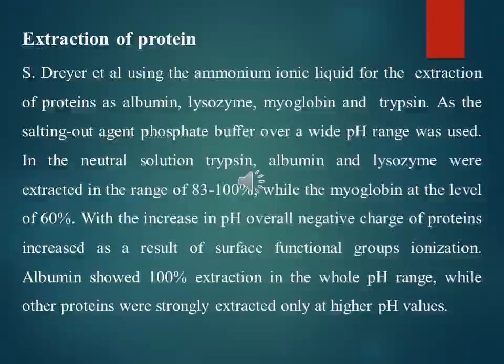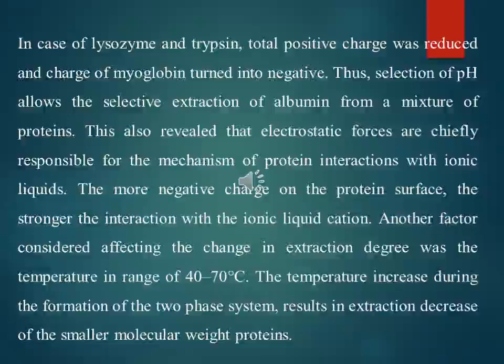With the increase in pH, the overall negative charge of proteins increased as a result of surface functional group ionization. Albumin showed 100% extraction in the whole pH range, while other proteins were strongly extracted only at higher pH values. In case of lysozyme and trypsin, the total positive charge was reduced, and the charge of myoglobin turned negative.